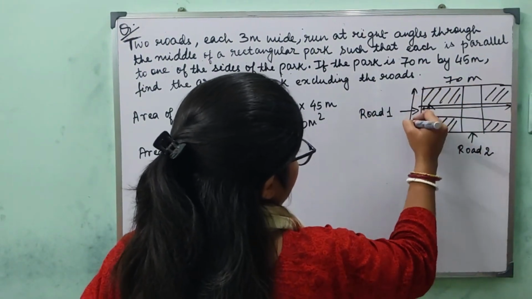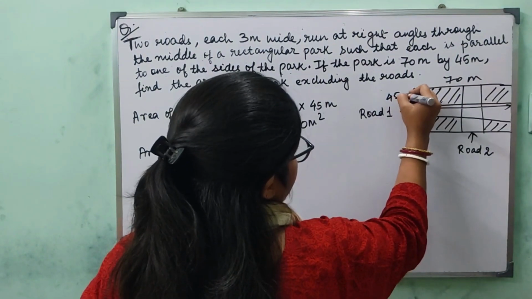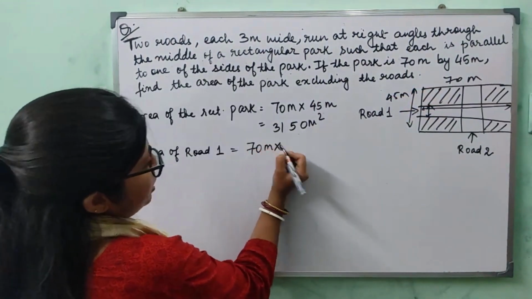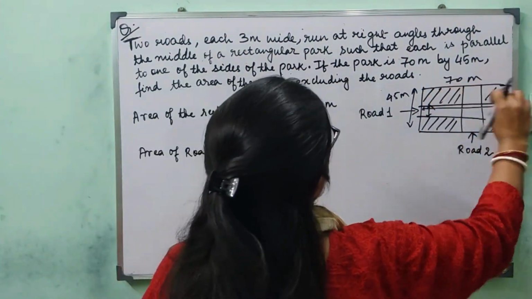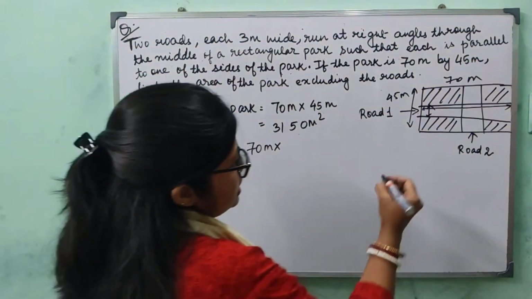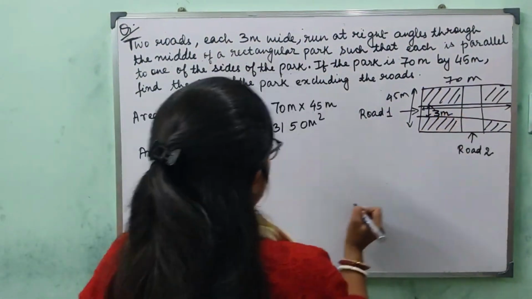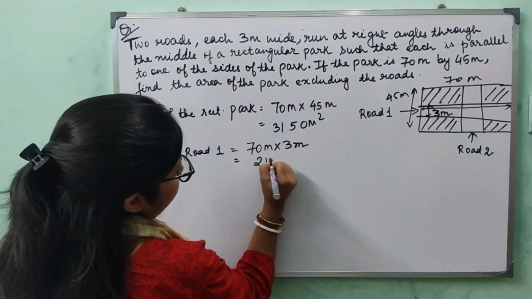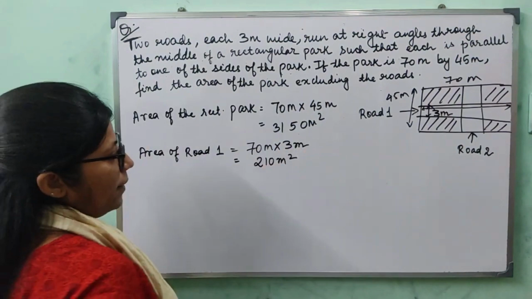Now what is the width of the road? The width of both the roads is 3 meter. So 70 into 3 meter, that is 210 meter square.